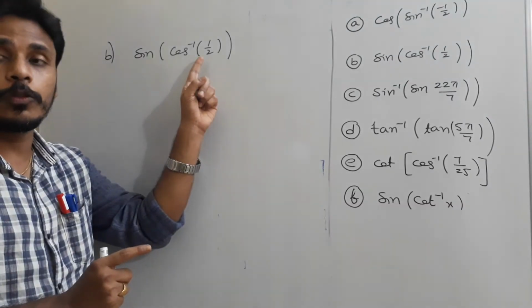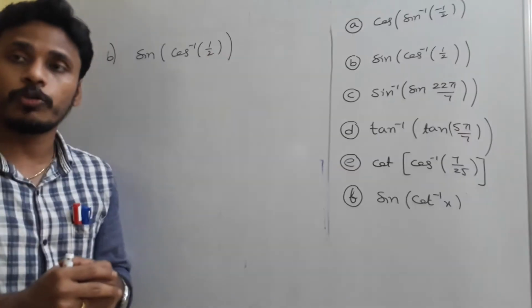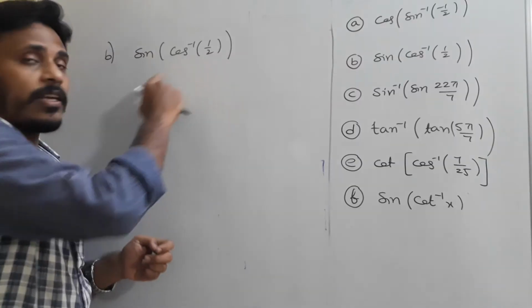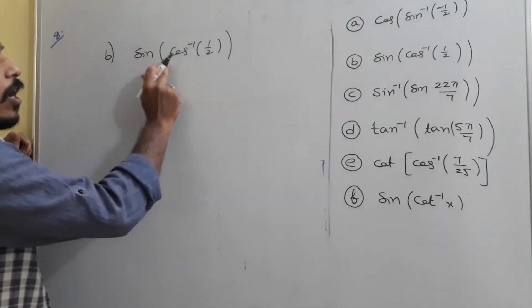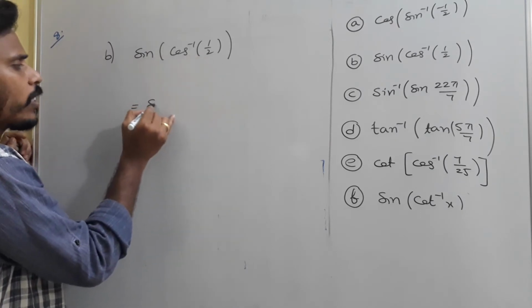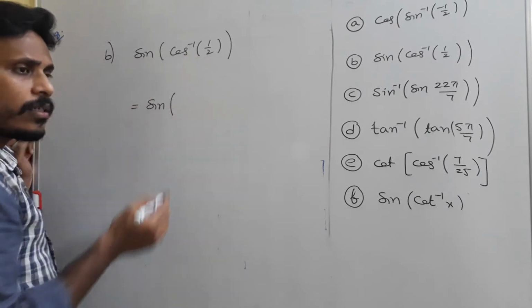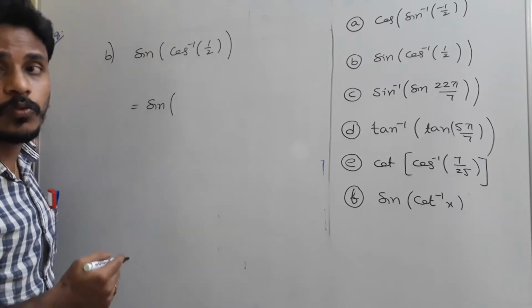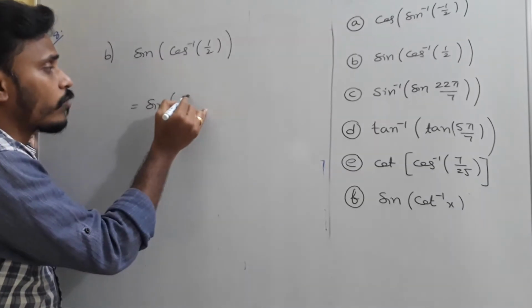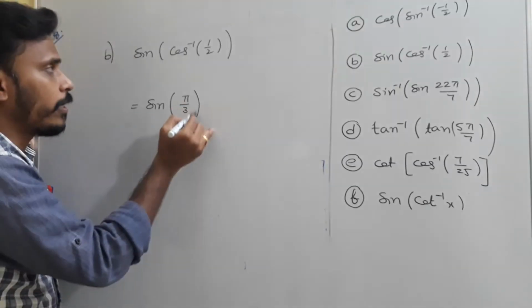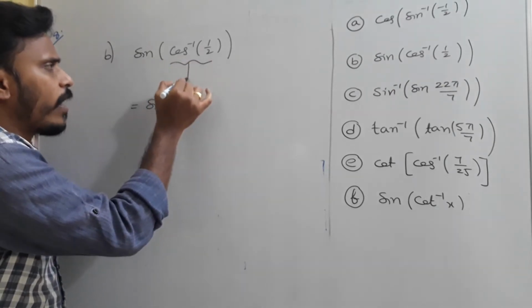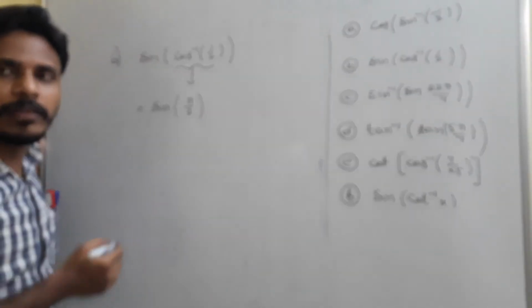Here this 1 by 2 is positive, so surely our answer should be in the first quadrant. Cos inverse 1 by 2: we know cos 60 degrees is 1 by 2. Since it is cos inverse 1 by 2, 60 degrees means pi by 3, so the value of cos inverse 1 by 2 is pi by 3.